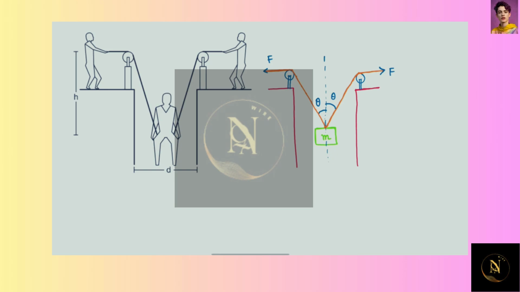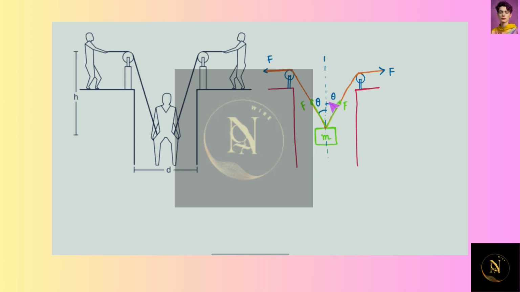Now as the two strings are inextensible, at each and every point of the string the force is the same. So on this string the force acting is F, and on the left side string also the force acting is F. If we take the components of this force, each force will have two components.